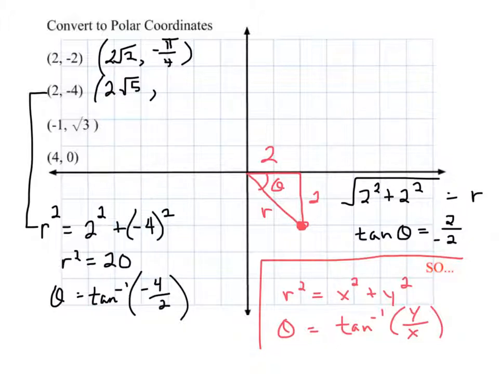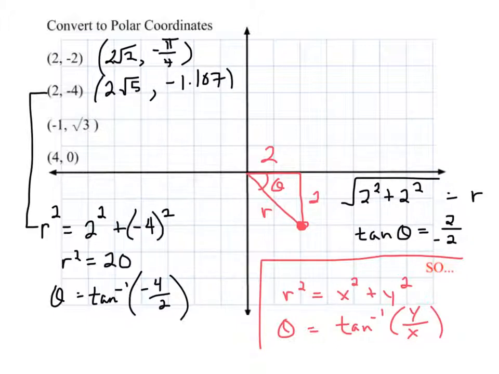So the inverse tangent of negative 2. And this is not one you'd necessarily have memorized, so you type that in your calculator, inverse tangent of negative 4 over 2, or inverse tangent of negative 2, and you would get negative 1.107 as your angle. Okay, so that's all there is to it.